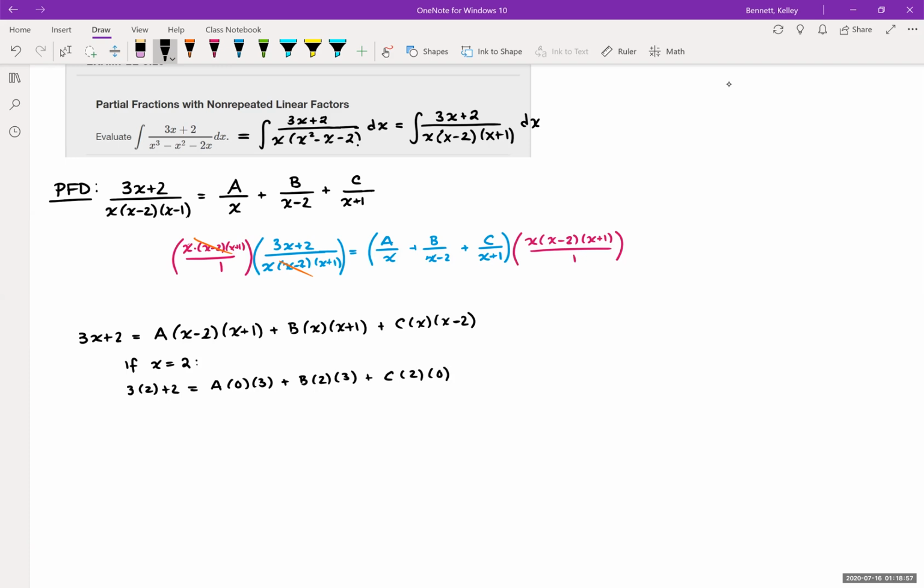So this is a killer x, right? A is dead and c is dead. And I like this. So then I end up with 8 equals 6b. So 4/3 equals b. And then I definitely want to make a note of that, because I'm going to need that here.